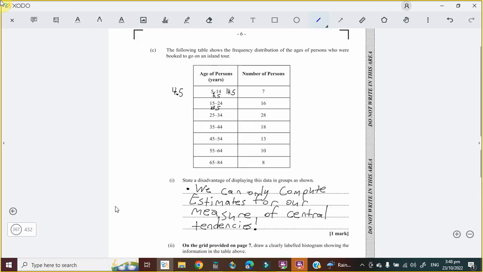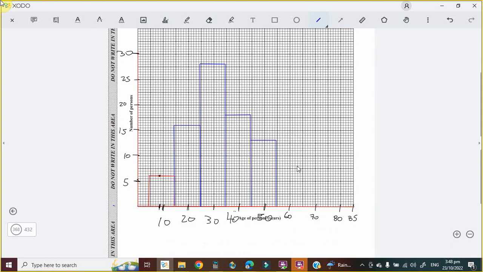Alright, after that now, we're reaching the grandpa categories now, 55 to 64. So 10 now, 10 persons there. 10 is right here to 64.5. This is 64.5.